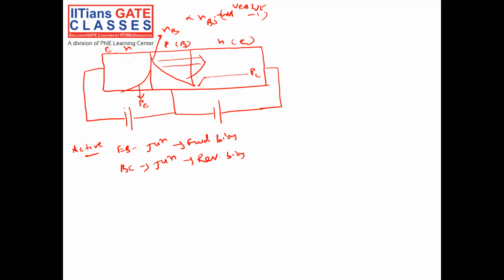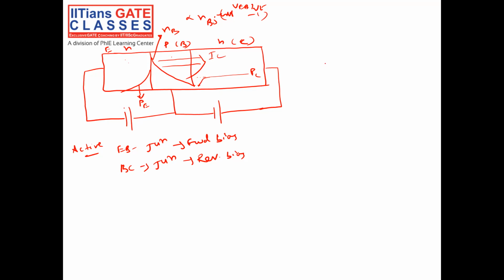They diffuse from the base emitter junction towards the collector base junction, and at this junction there is a field, so they attract the electrons. So the current here is because of diffusion in the base region. This is called the collector current. This is the situation in the active region.